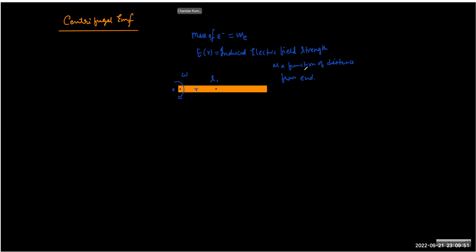So, yes, sir, m omega square r by e, something like that. So if you think the electron will accumulate here and the plus charge, every electron will experience the electric force to the left and centrifugal force like this, correct?